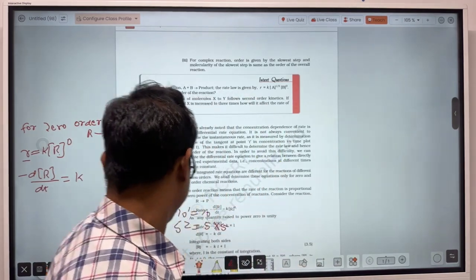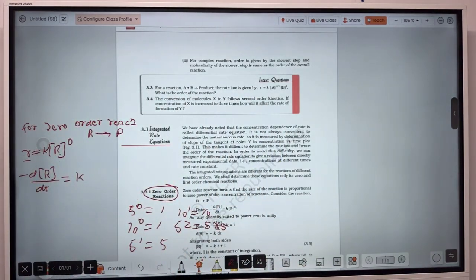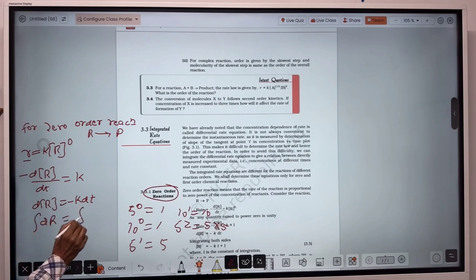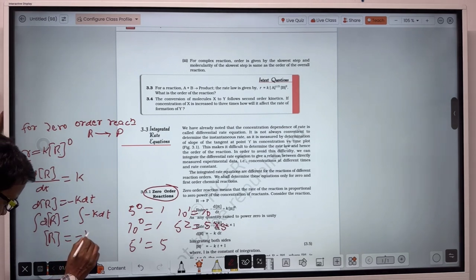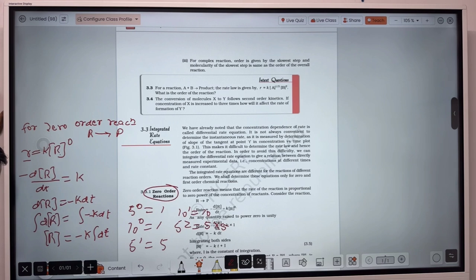So let's see here. Minus dR by dt is equal to k. So dR will equal minus k dt. Now integrate both sides. The integration of dR will be R, and here k is constant, so minus k times the integration of dt.